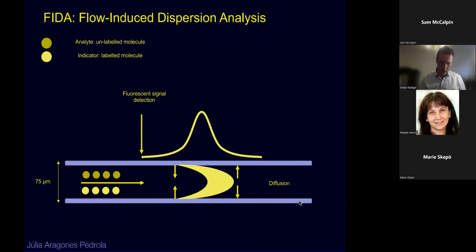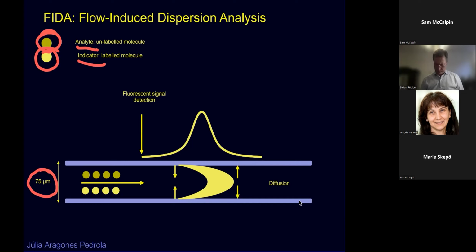For that, we used a relatively novel technology, flow-induced dispersion analysis, called FIDA. The basis of this is that you have a mixture of an unlabeled molecule, the so-called analyte, and a labeled molecule, an indicator. This mixture of indicator and analyte, you shoot through a capillary of 75 micrometer.